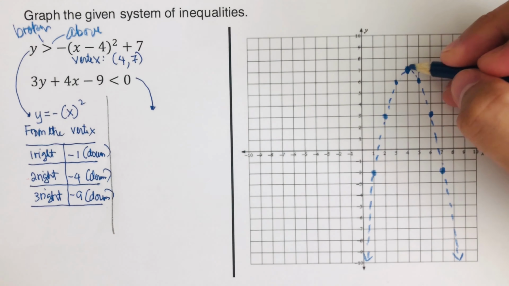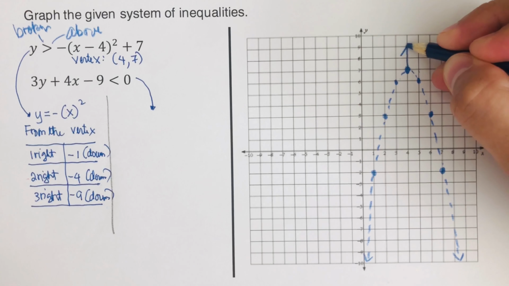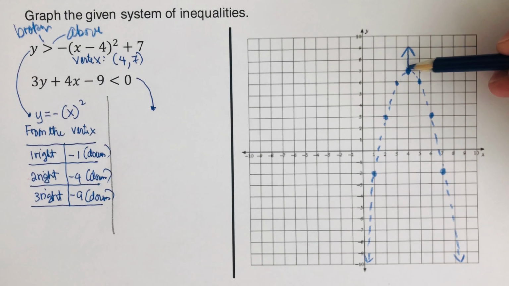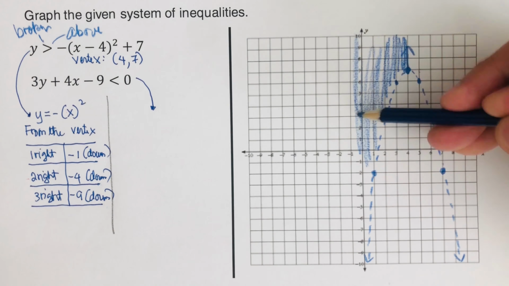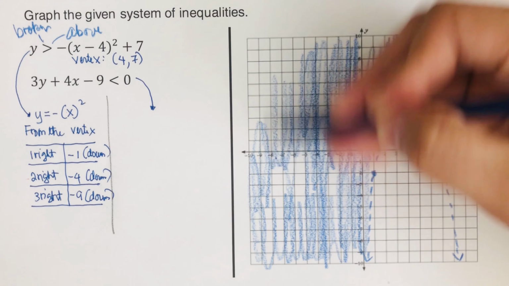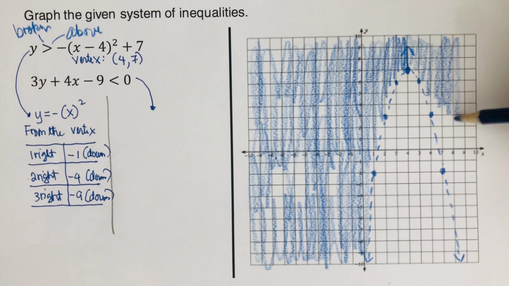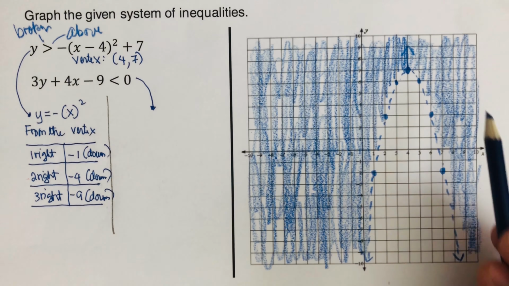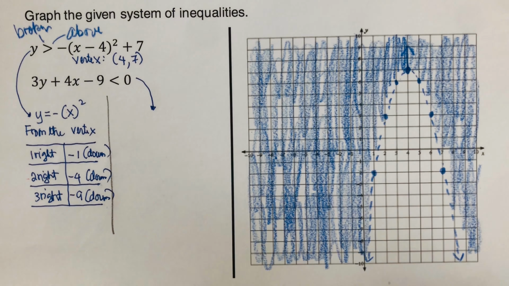So this side here, that's the vertex. Above means up the vertex, so we're going to shade all the parts above the vertex. Okay, so pretty much the solution is outside of this parabola.